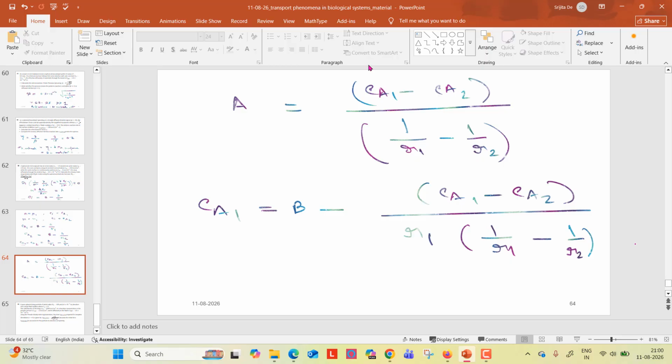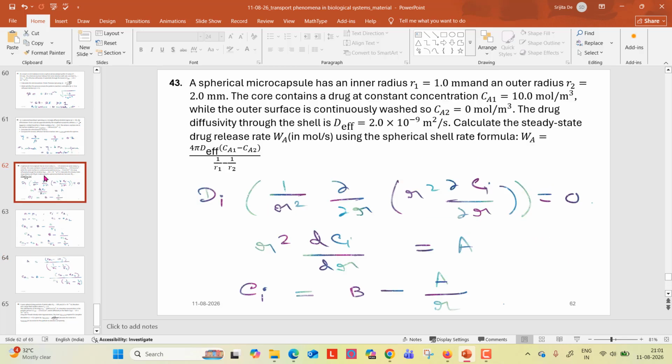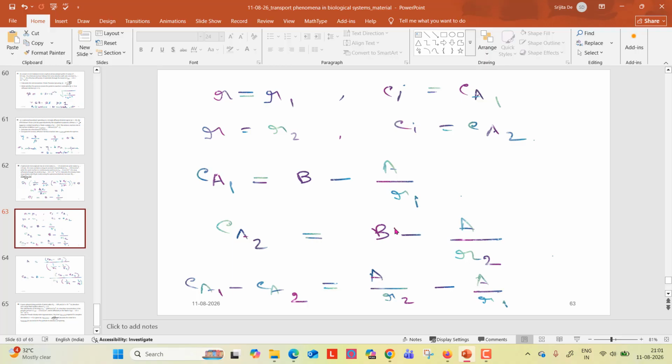Right? So it is said that Ca2 is 0, right? So here also I can write Ca2 is 0. So Ca1 will be this.